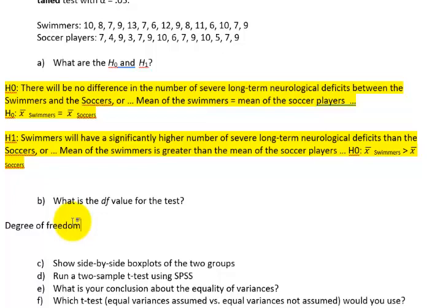Total number of subjects minus the number of groups. We're going to back this up when we run it through SPSS. So your degrees of freedom are going to equal 29 minus 2 equals 27.